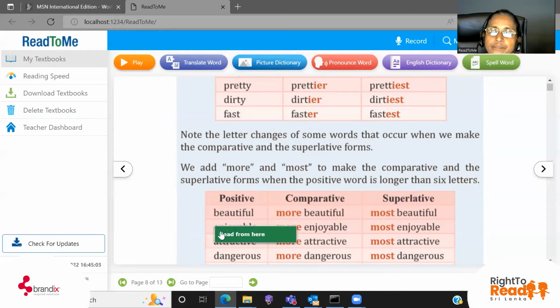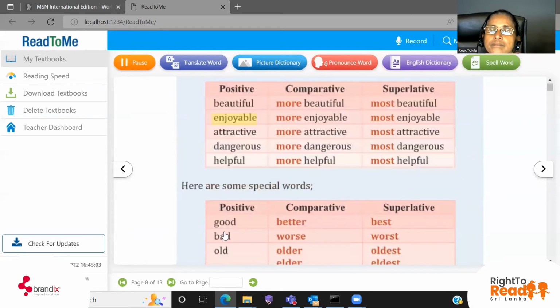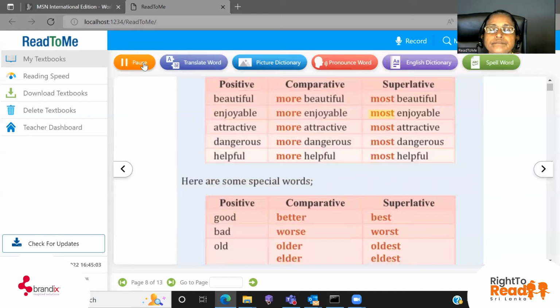Next word. Enjoyable, more enjoyable, most enjoyable. Now, can you also try it out? Enjoyable, more enjoyable, most enjoyable.